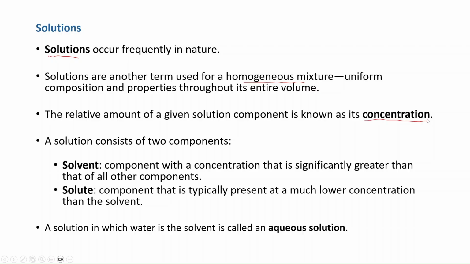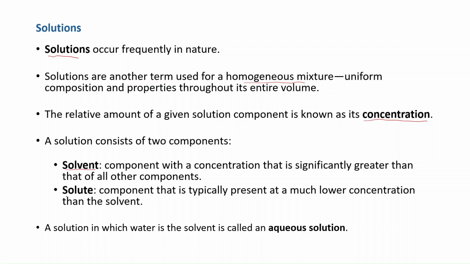And there's two components, at least two components in a solution. You have the solvent. That's the one that you have the most of, the one that you dissolve everything else into, like you're making sweet tea. Well, the major component of your sweet tea is water. That's the solvent.